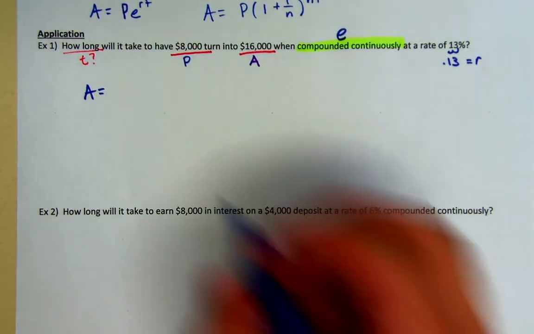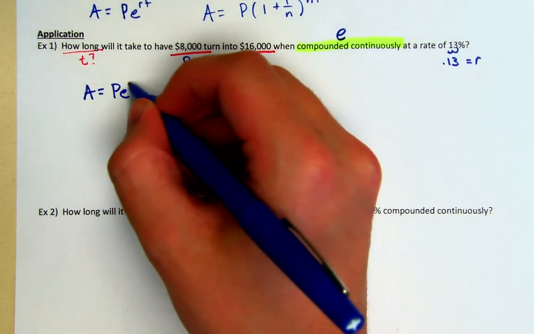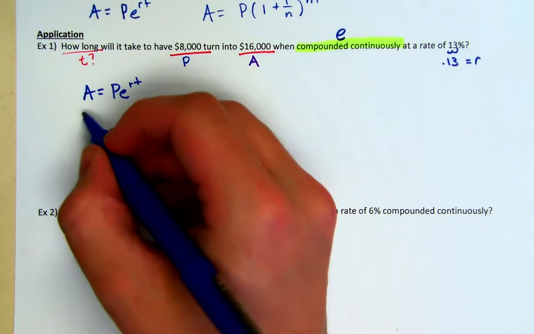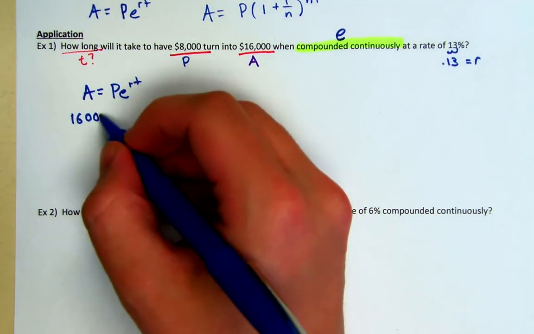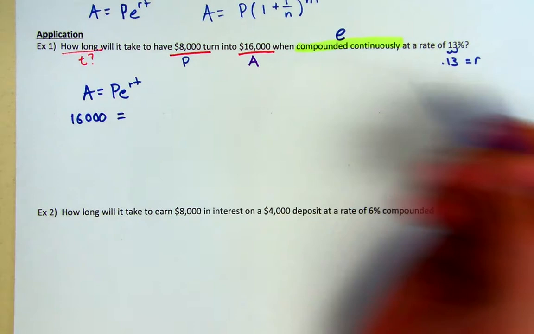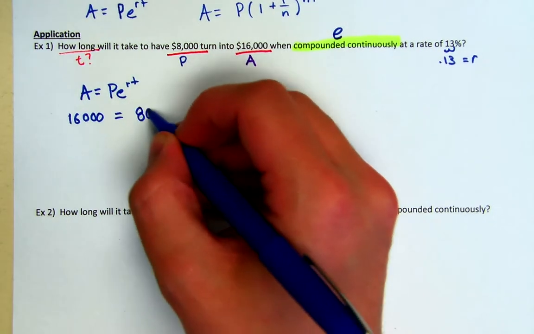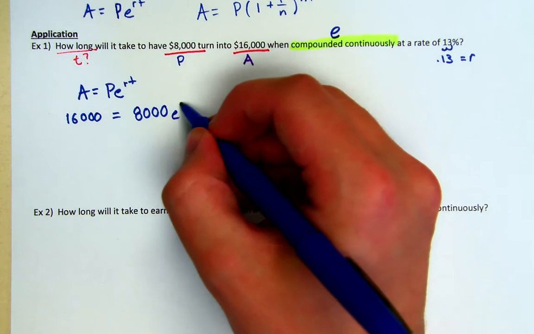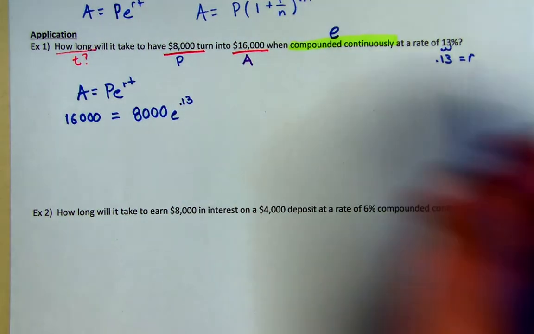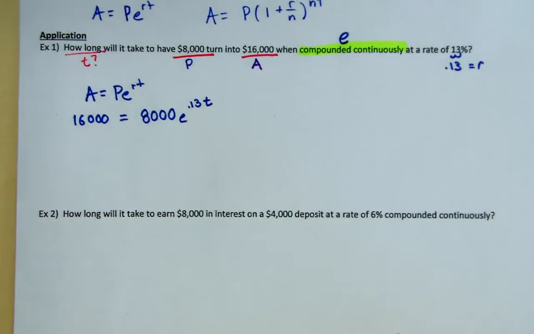A equals P e to the RT. I know A is 16,000, and I had an initial amount of 8,000. E stays as E. I had a rate of 0.13, and I don't know the time.